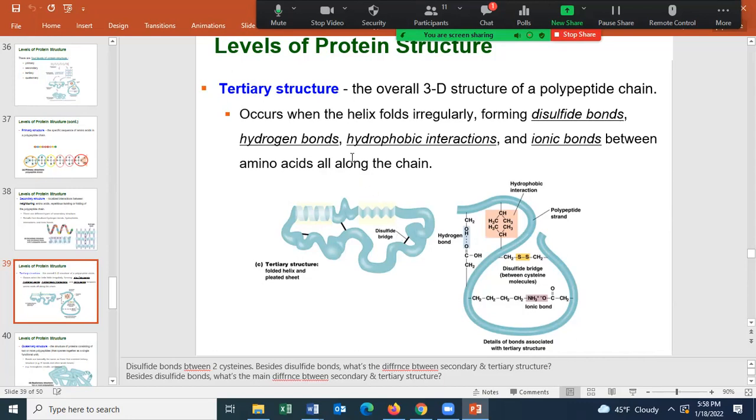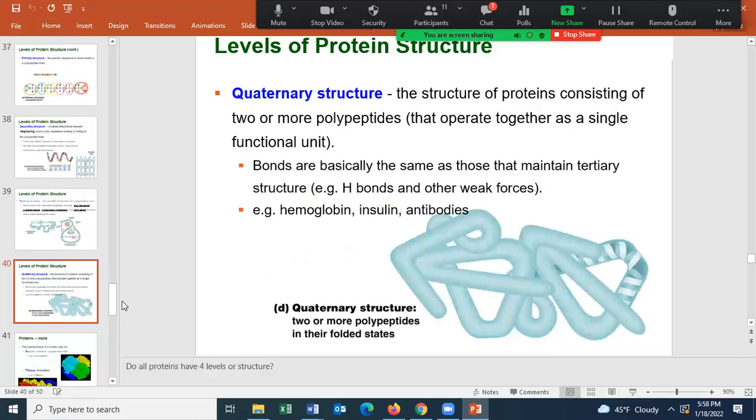However, if the protein is made up of more than one polypeptide unit, these polypeptide units have to come together and form the quaternary structure of the protein.